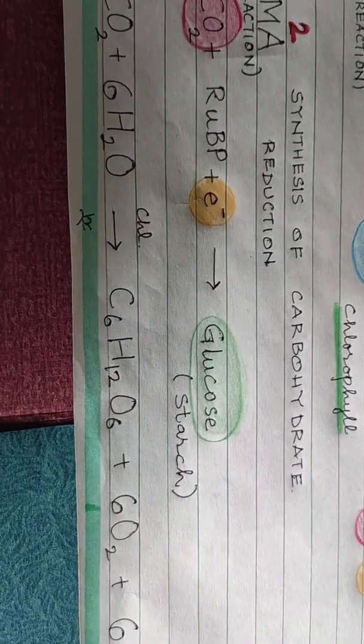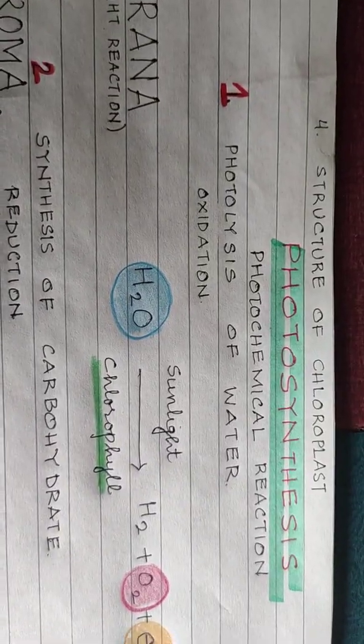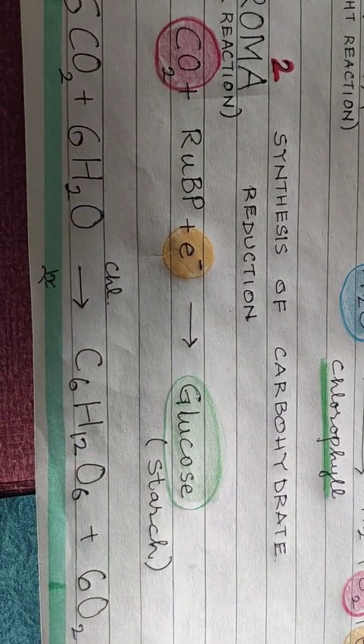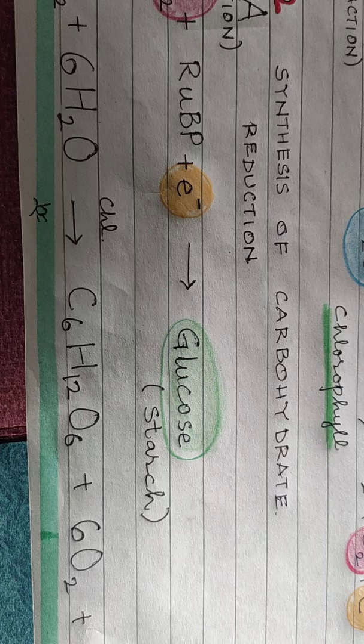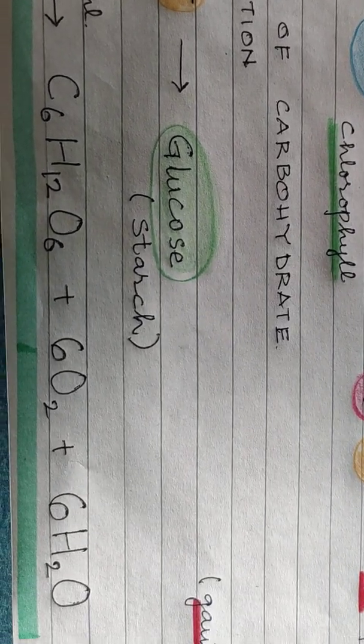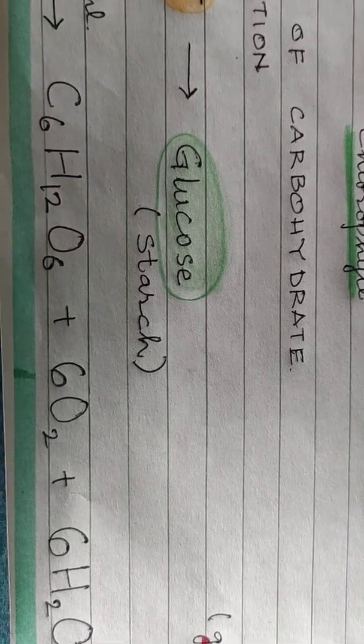And if we sum up what is photosynthesis, photosynthesis is a photochemical reaction in which carbon dioxide combines with water in the presence of chlorophyll and sunlight to synthesize glucose and release oxygen and water vapor as a byproduct.